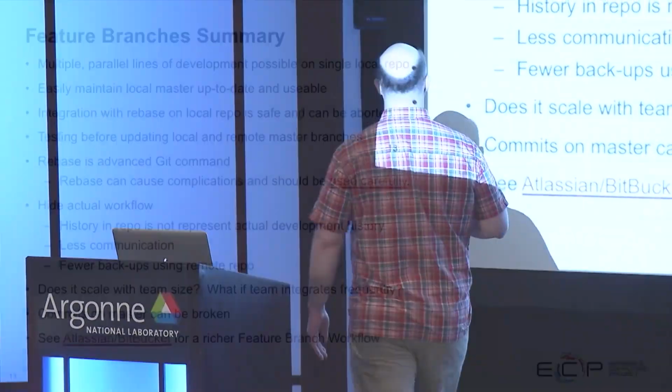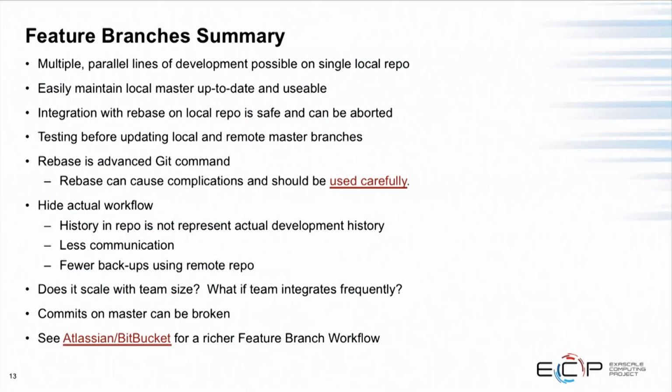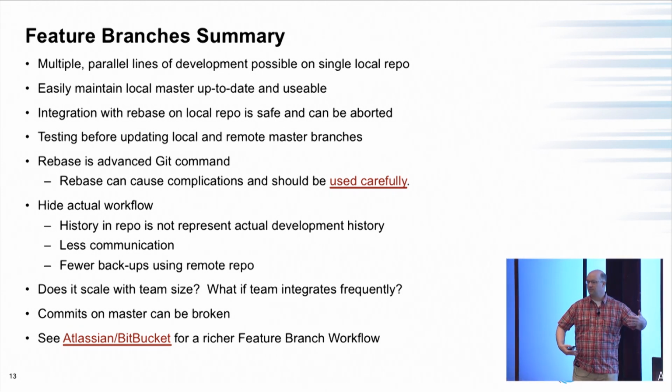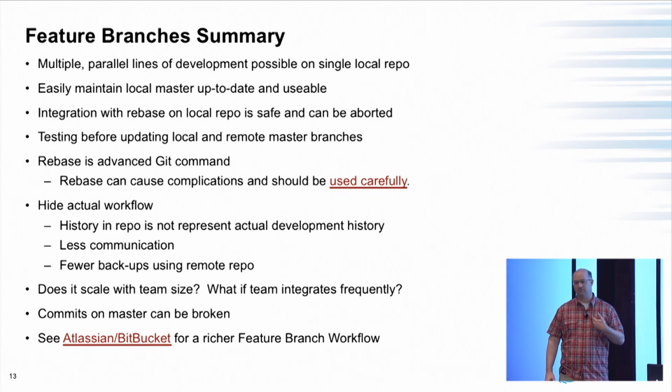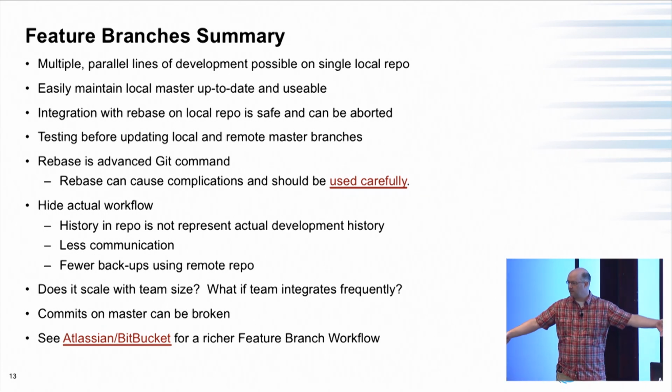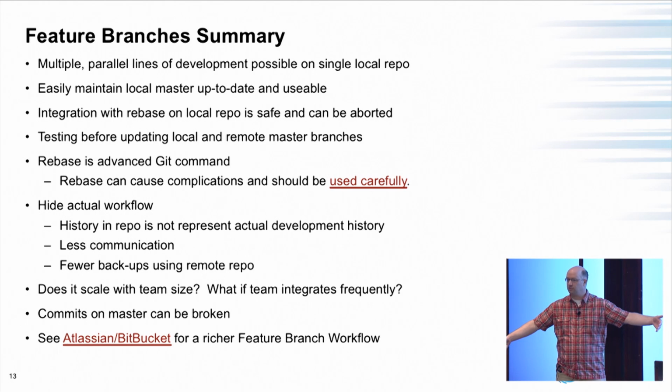So what do we like about feature branches? In particular, why do I want to add on this extra complexity of using branches? Well, the reality is that it's nice to have different lines of development because we have different developers in the team. We don't want each other getting into these conflicts. But at the same time, the reality of development is that I'm not normally working on one line of development. I might have one task to do that's going to take me a month, say, to add a new solver.